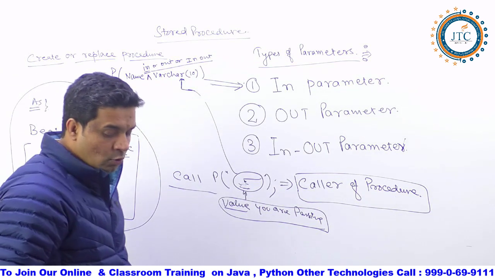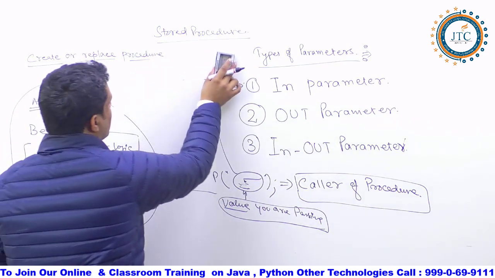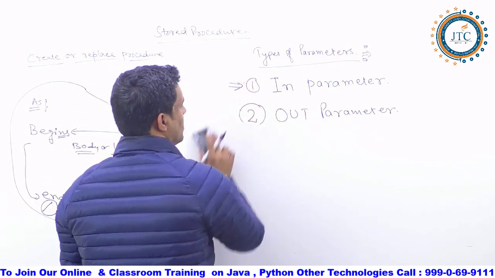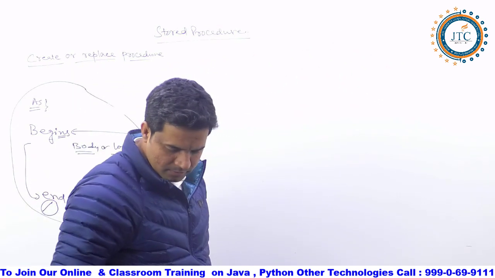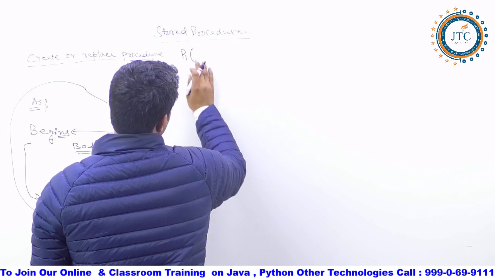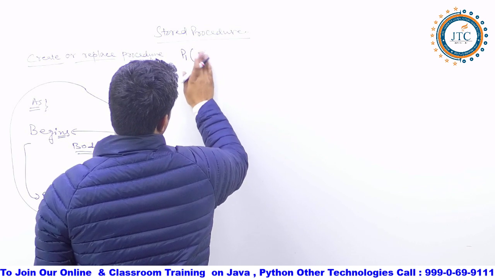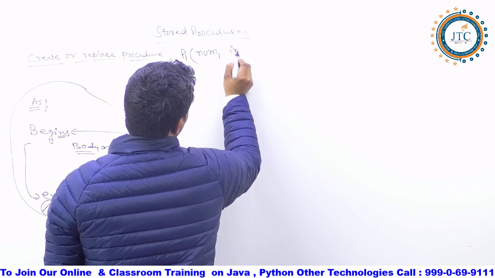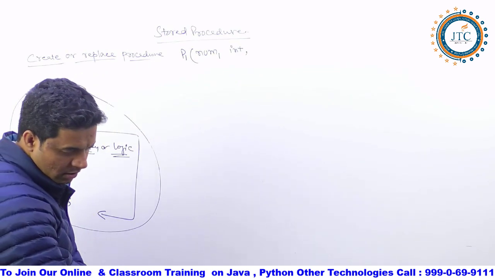Okay, so now the out parameter. What will be the out parameter? Let's understand here. Suppose P1 is the procedure name, and num1 int, I am writing this one, fine.